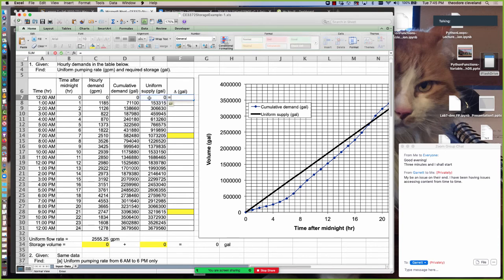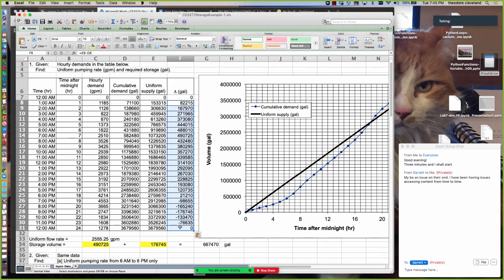So we'll go ahead and take supply minus demand. And if we look down through the column, we'll see that that is the biggest positive value.